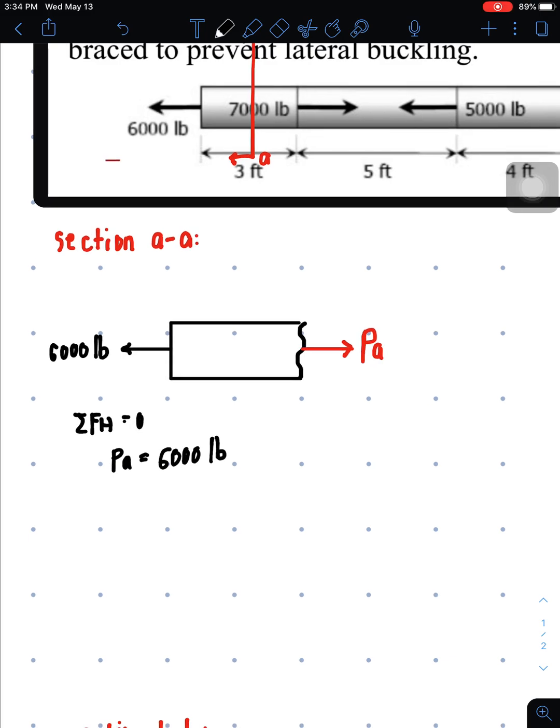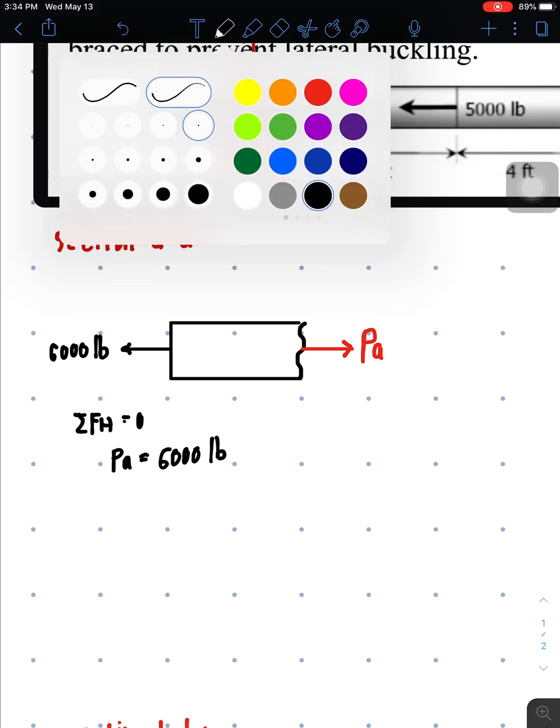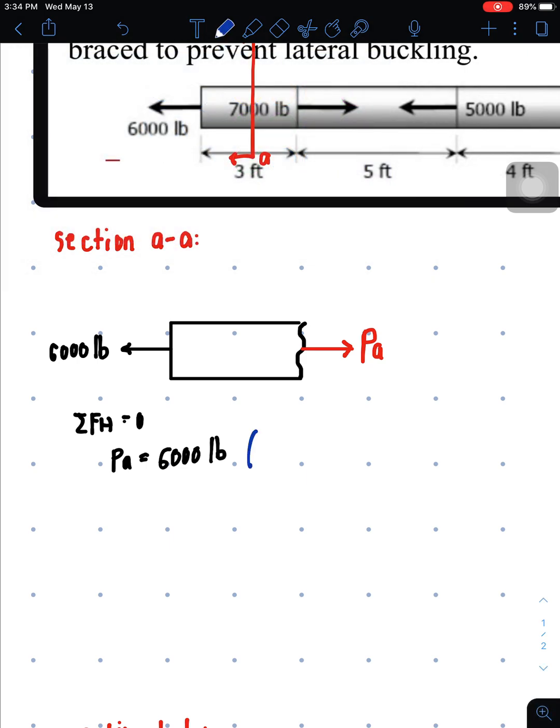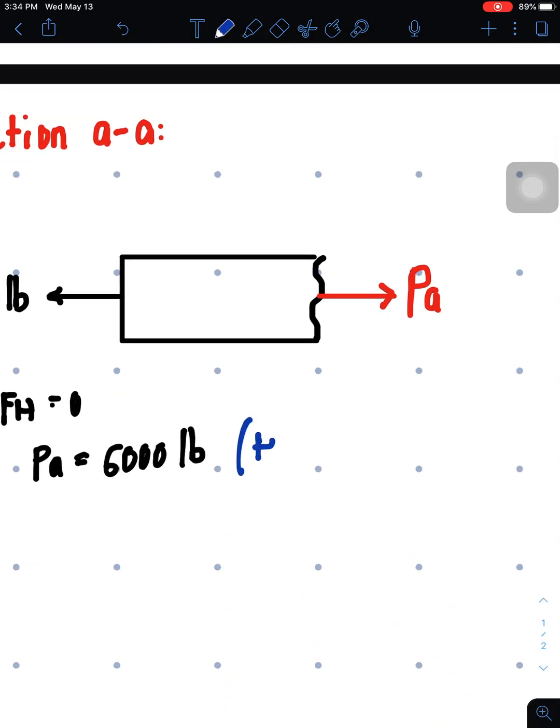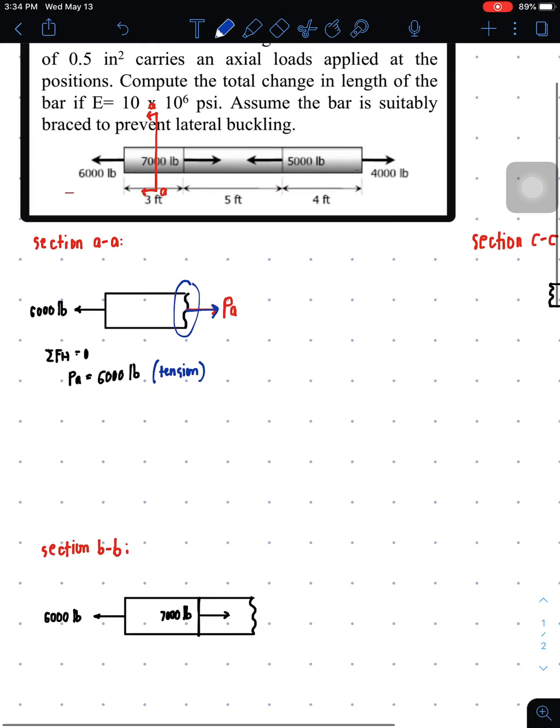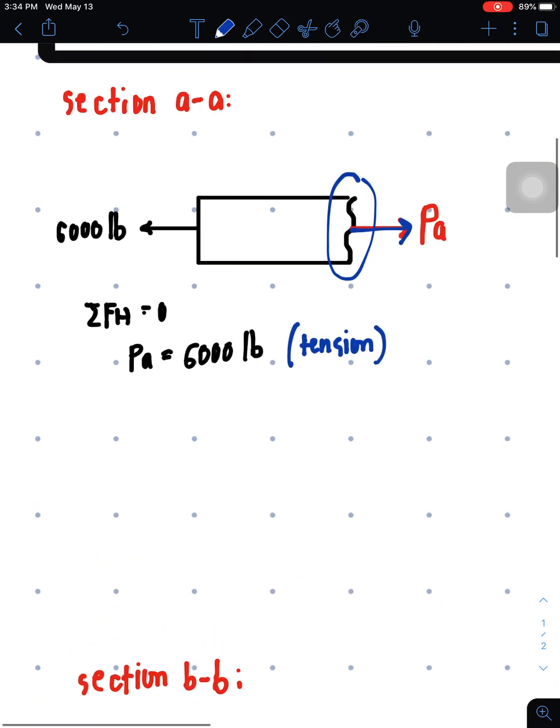As you observe, the 6,000 pounds is pointing away from the system, so what type of axial force is it? I'll label this one as tension because the force is pointing away from this body. So that's tension.